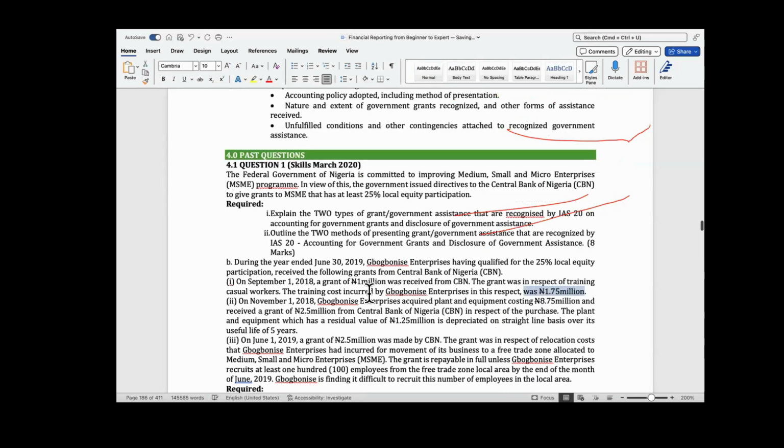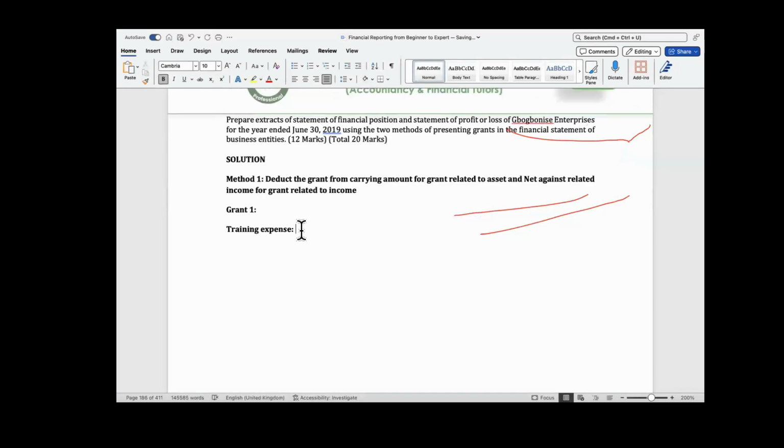So the training expense itself is 1,750,000, and the grant is 1 million. So if I net them off, I'll be left with a net training expense of how much? Of 750, right?